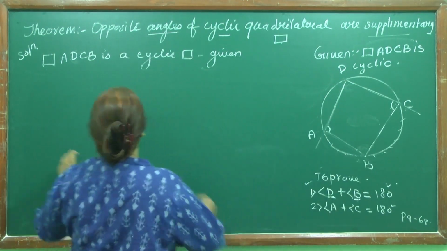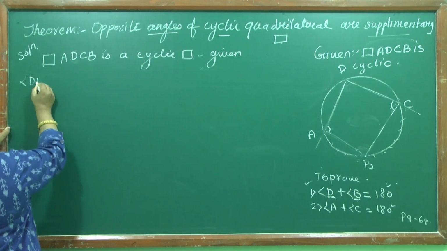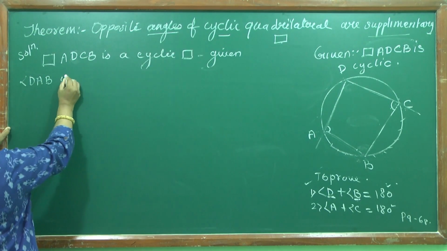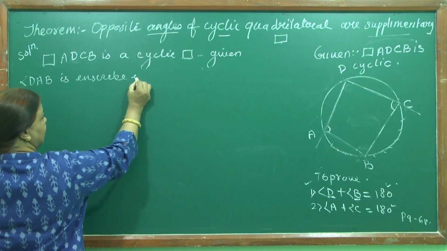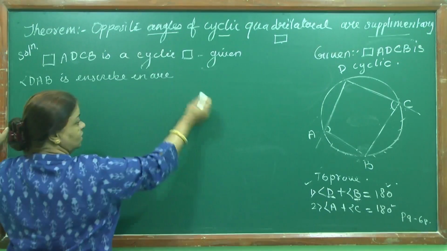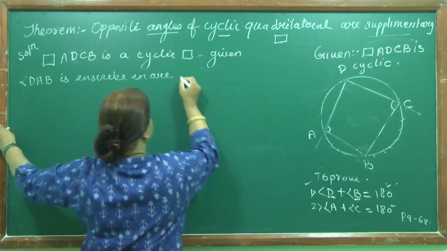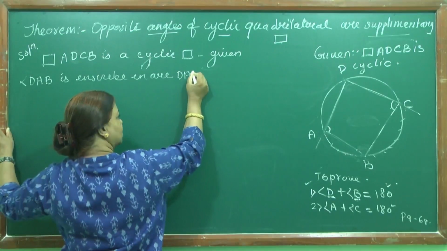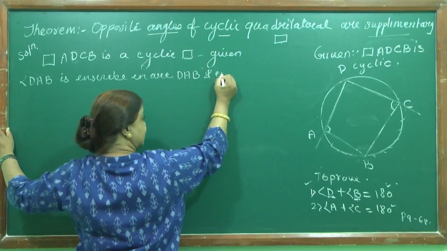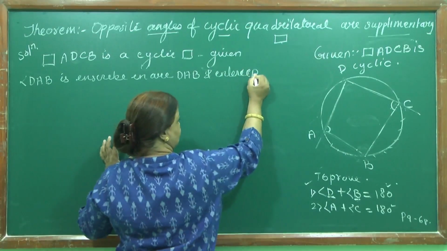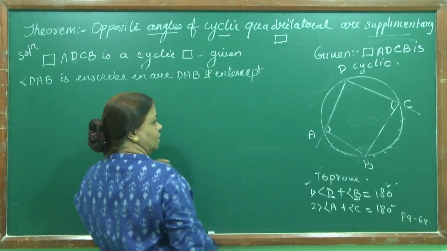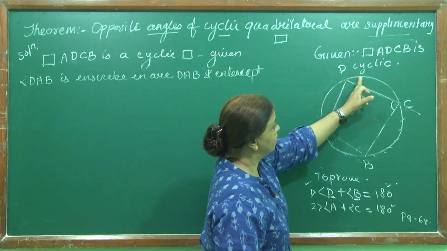Clear? So, angle DAB is inscribed in arc DAB and intercepts which arc?